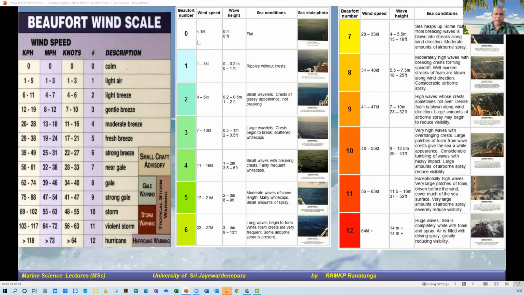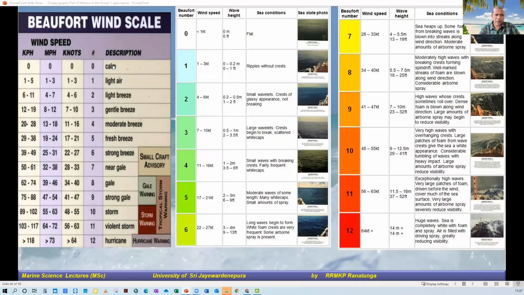It's not 12, there are 13, because there is a 0 as well. So 13 levels based on the wind speed, the wave height, and usual sea conditions also explained a bit. So this scale is very important to determine the situation of the sea.